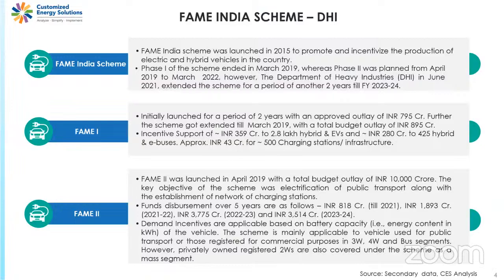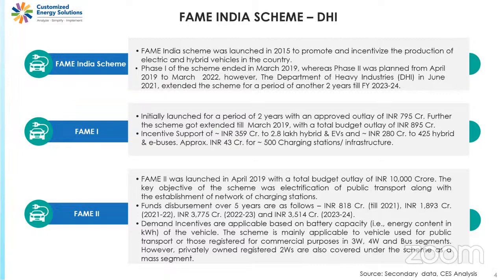Out of which 359 crore was dedicated for launching 2.8 lakh hybrid and electric vehicles on road, and 280 crore went to deployment of 425 electric and hybrid buses. And the remaining 43 crore was for deployment of 500 charging stations under this scheme.